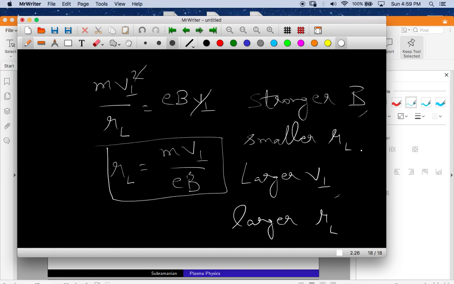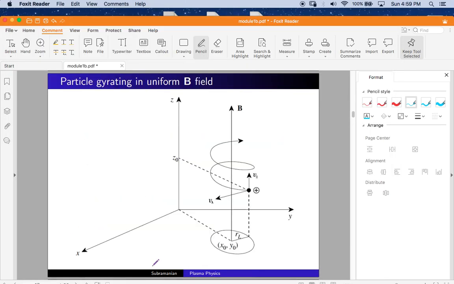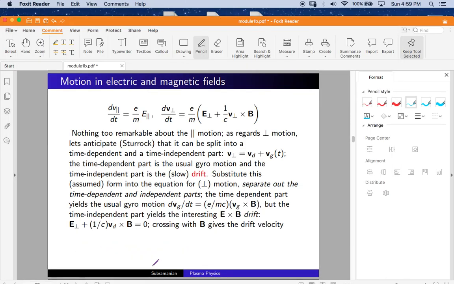On the other hand, if the magnetic field is strong, the magnetic field says, I control you, I will force you to spiral around me in a tight spiral with a small Larmor radius. That's one way to think about it.